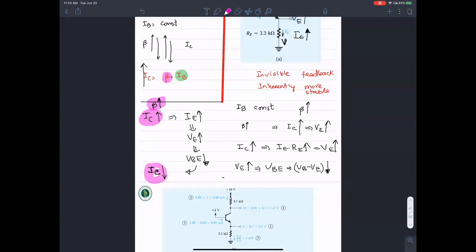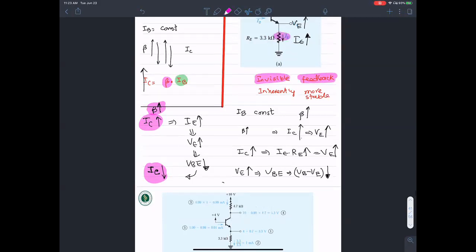So in other words, there is a built-in mechanism to reduce the overall volatility of IC. There is some kind of feedback mechanism through this resistance RE, a very subtle, very hidden, invisible feedback that is being provided by this resistance RE, which discourages any sudden changes in IC.